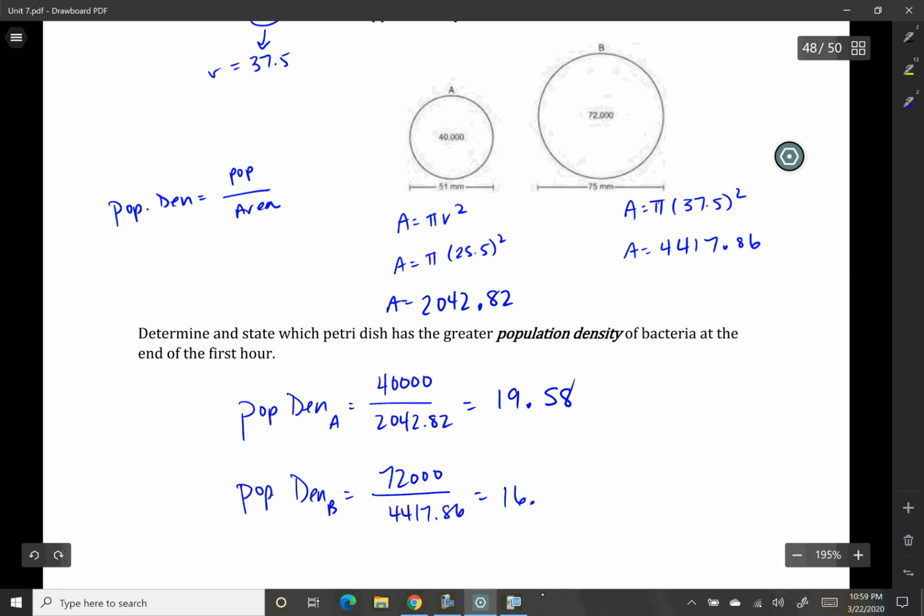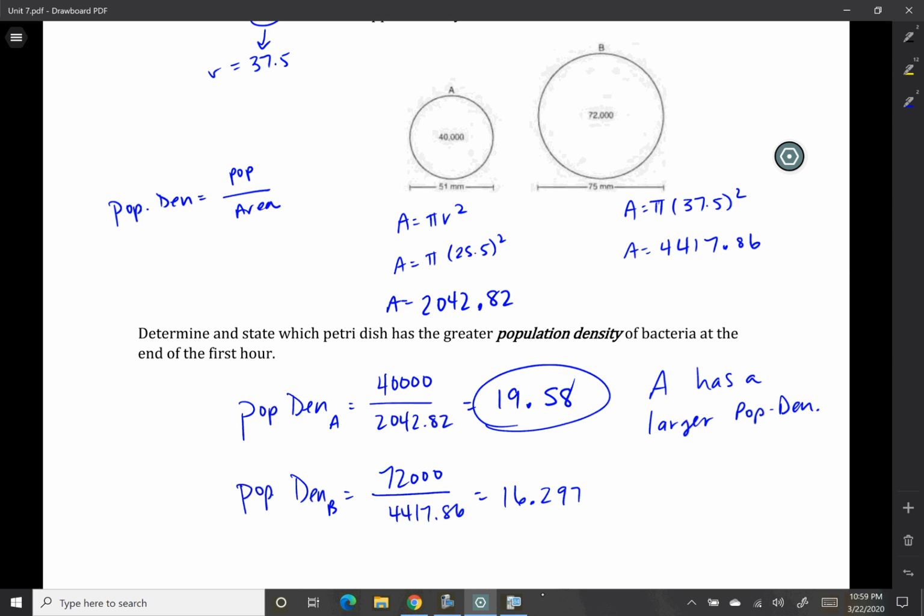And we get a smaller number. It asks which petri dish has a greater population density. Petri dish A has a larger population density, meaning there's more bacteria per millimeter squared in petri dish A than there is in B, right?